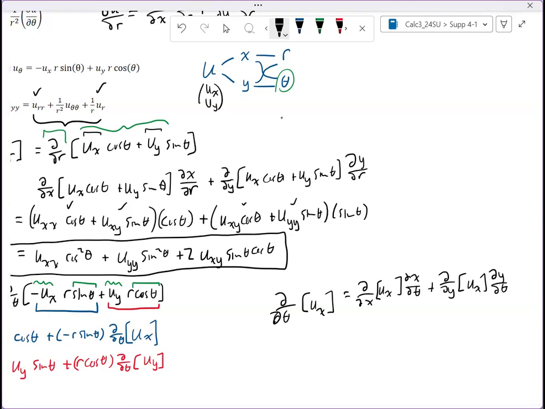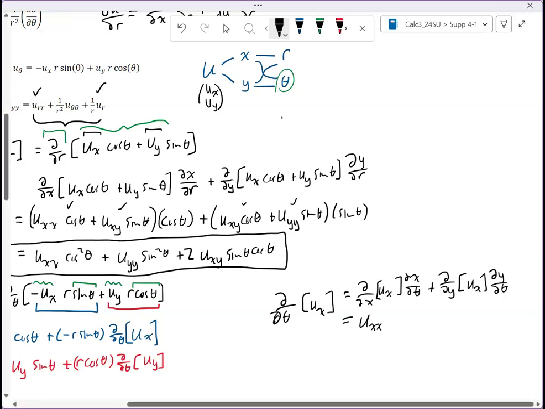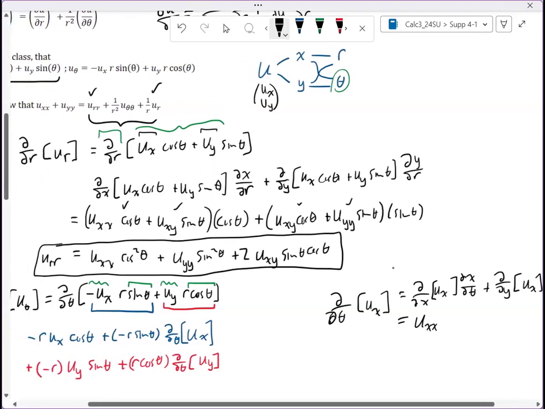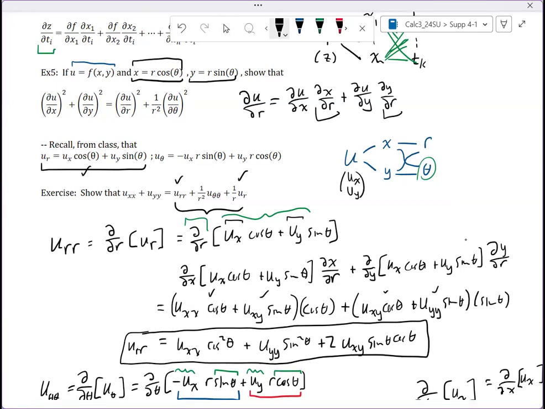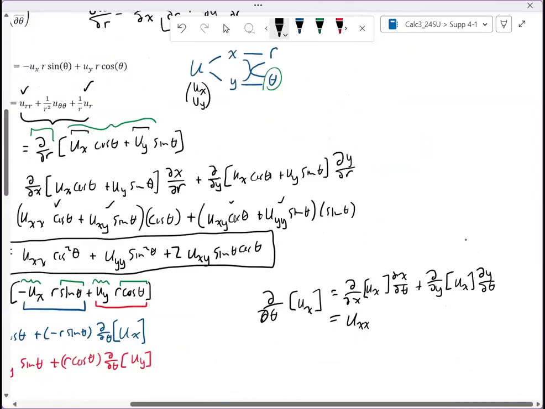Partial with respect to x of ux is just uxx. So that's good. That's a piece that we were hoping is going to pop out here and help us out with some of the cancellation. And then partial of x with respect to theta, again, from all the way up here, is negative r sine theta.